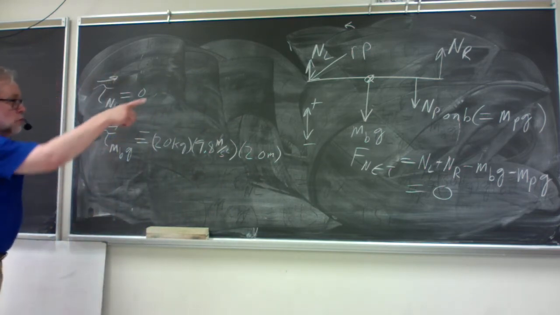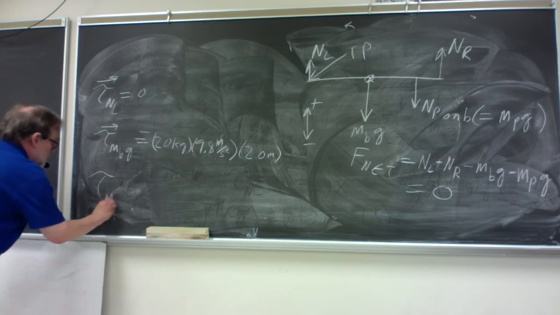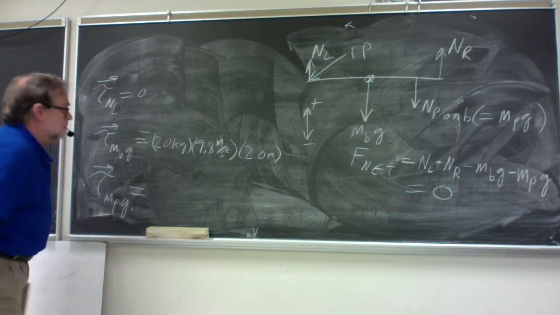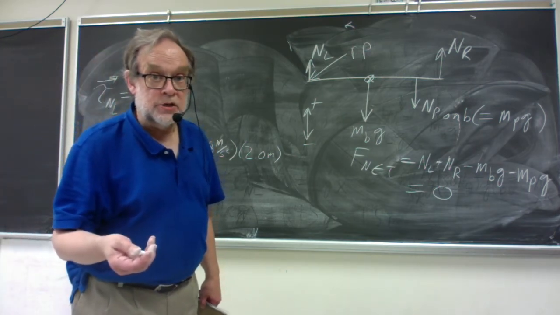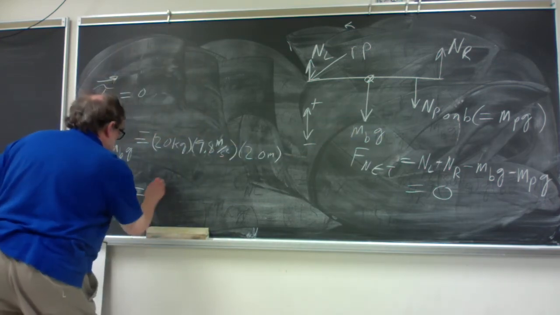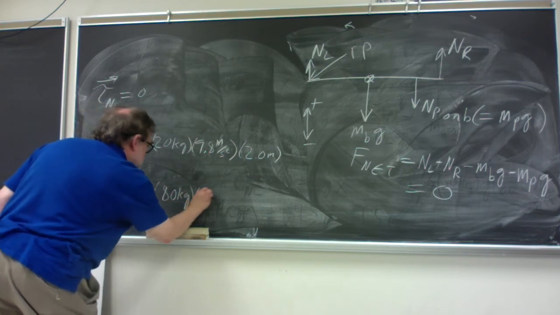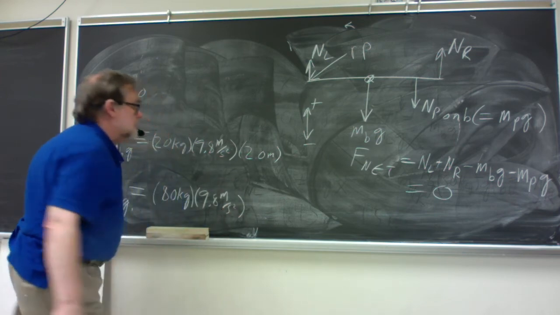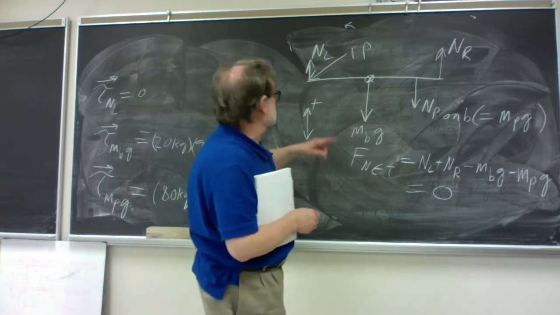Then the torque due to the force from the person pushing down on the board. The first factor in the torque equation is the magnitude of the force, which is equal to that person's weight, mass times G, which is 80 kilograms times 9.8 meters per second squared, times the magnitude of the displacement vector.